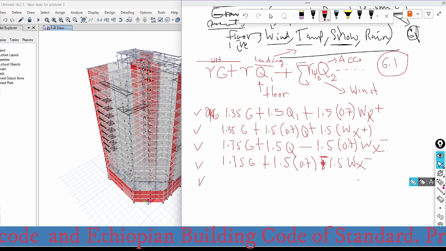And also when we consider the y direction, just changing Wx to Wy, 1.35 G plus 1.5 Q1 plus 1.5 into 0.7. Okay, this one is 1.5, and this one is 0.6.